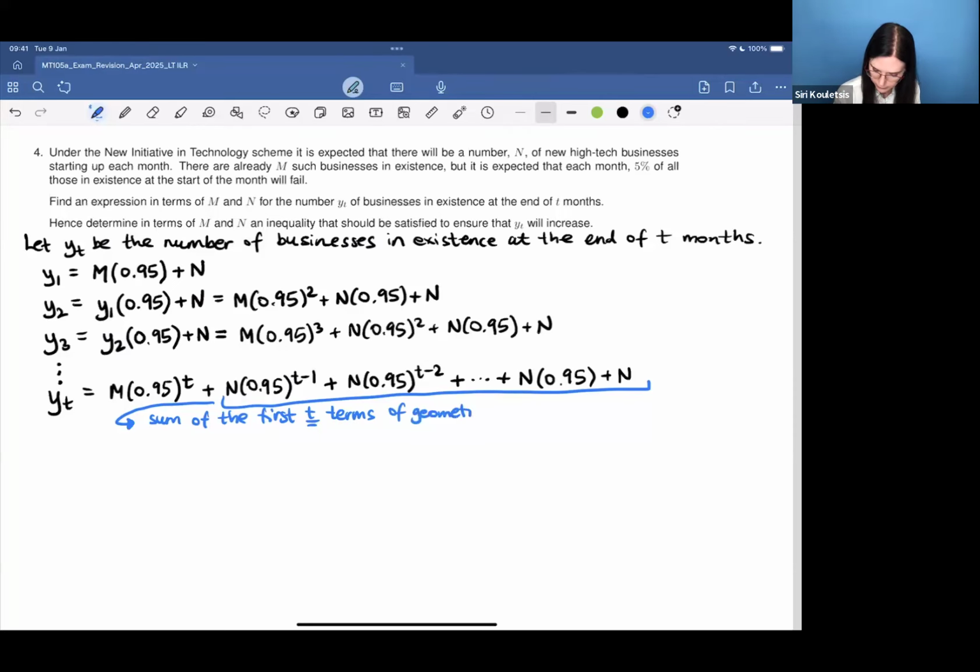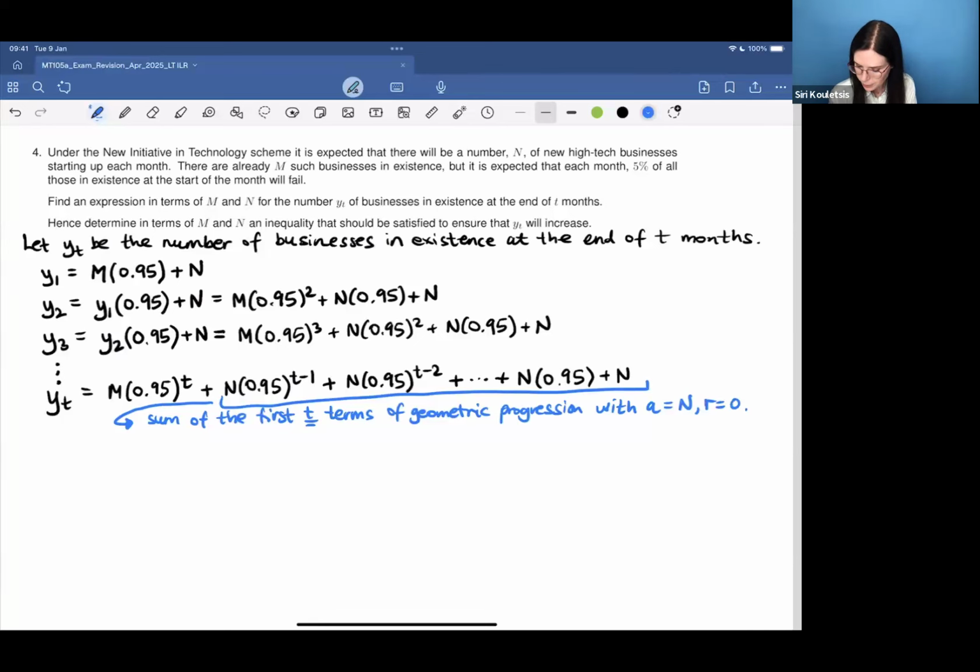So we like to call the first term little a, so that a equals N. The common ratio we like to call little r, so that's 0.95. And we already said it's t terms.